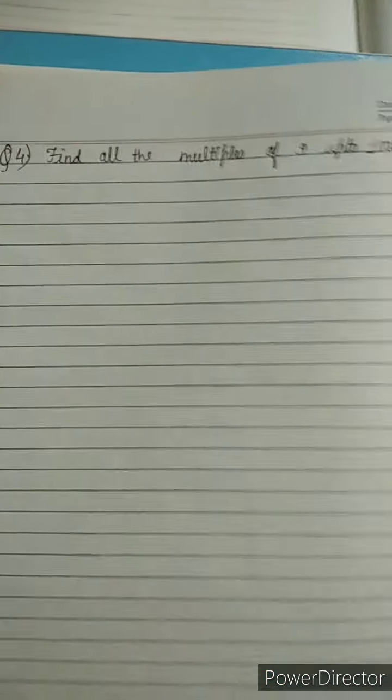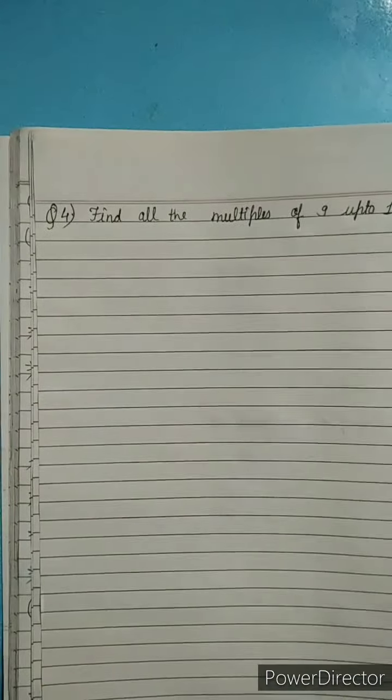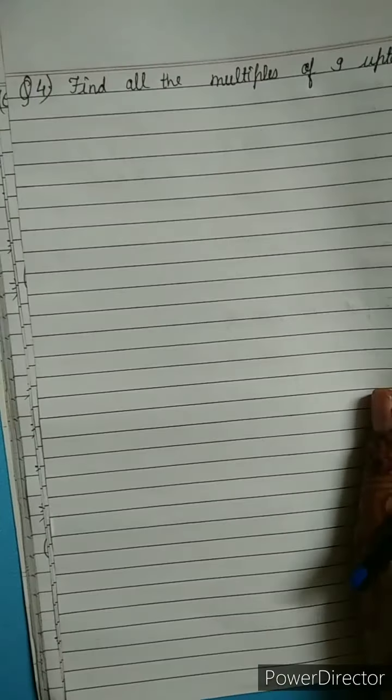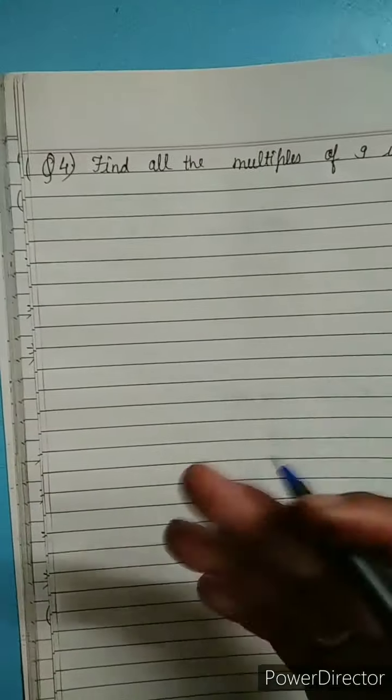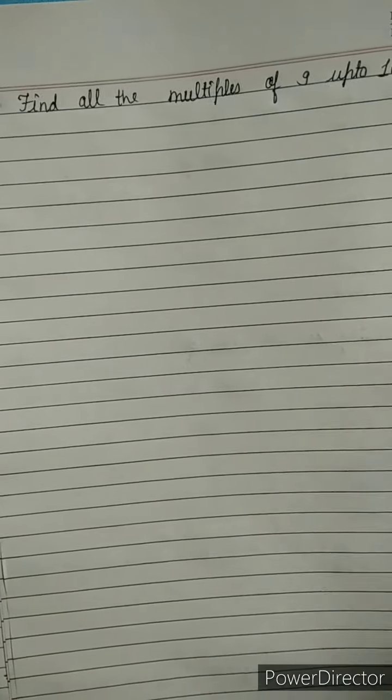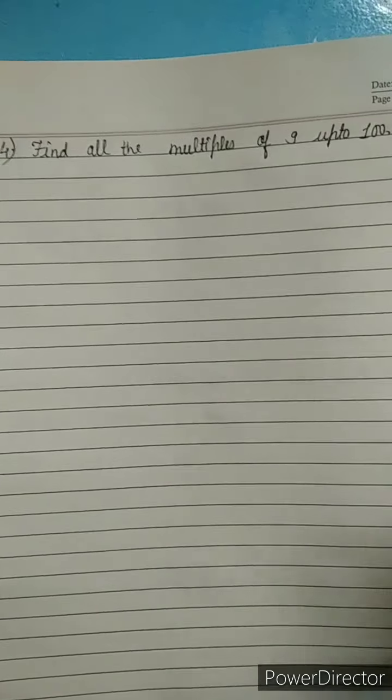After this we have question number 4: find all the multiples of 9 up to 100. It means we have to find the multiples of 9 from the start, and stop where it goes above 100.